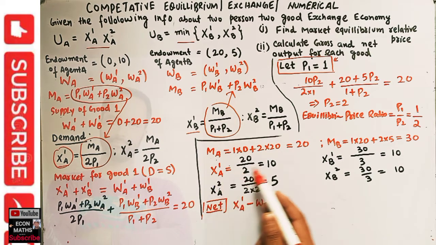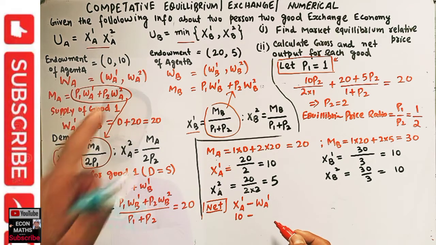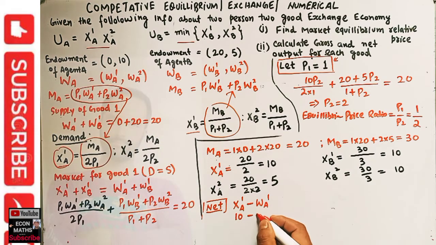So gross demand is 10. Okay, and how many units person A is holding of good 1? 0. So which comes out to be what we call excess demand or net demand, excess demand is 10 for good 1. Similarly we can calculate it for good 2.